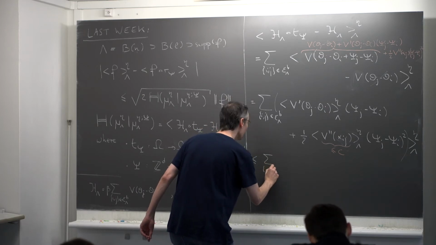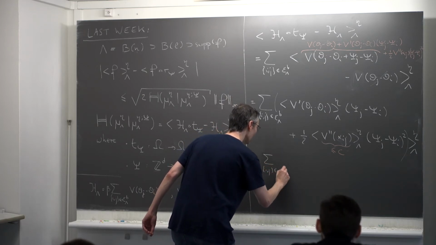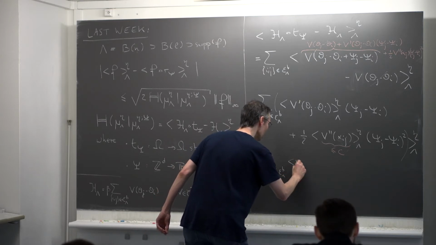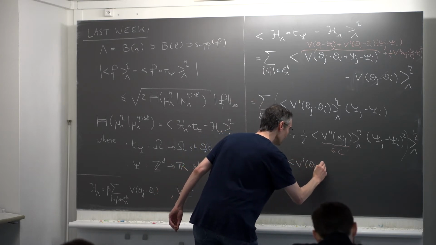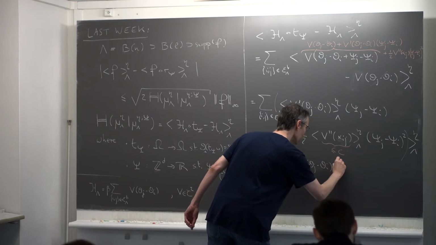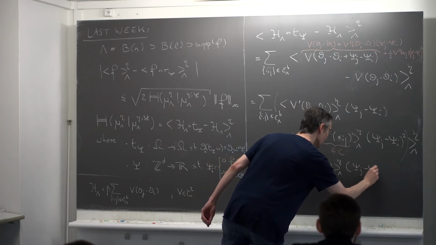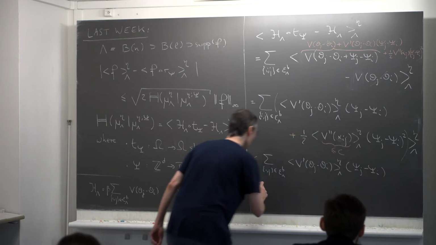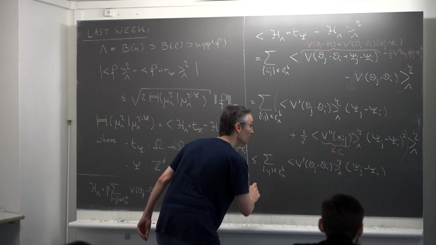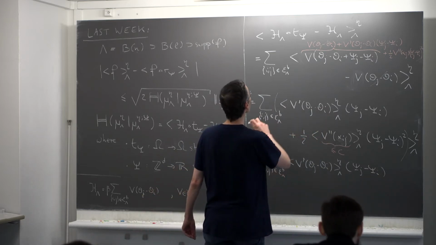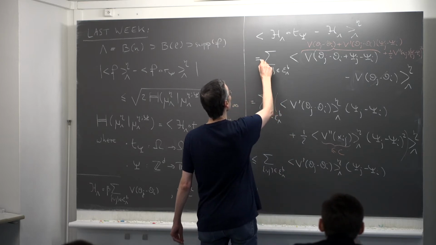One is this guy, which is just v prime theta j minus theta I lambda eta psi j minus psi I. And then the second term, which is plus, there is some beta that I forgot everywhere.